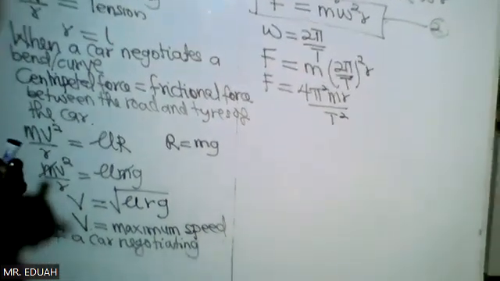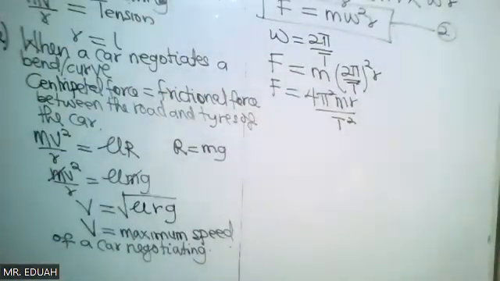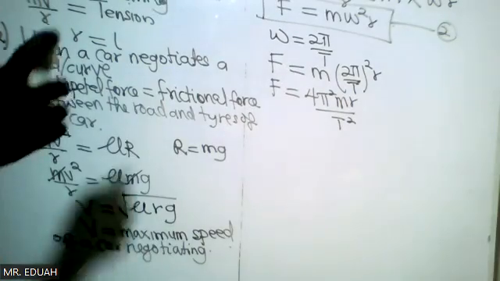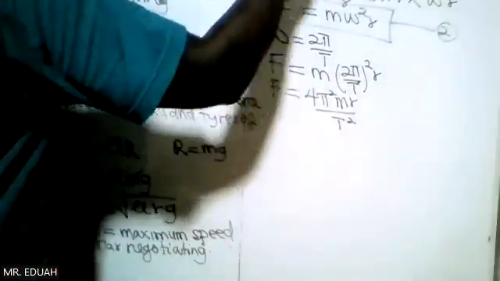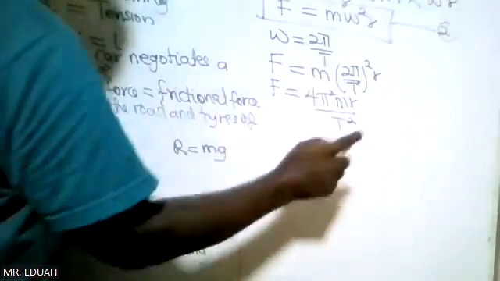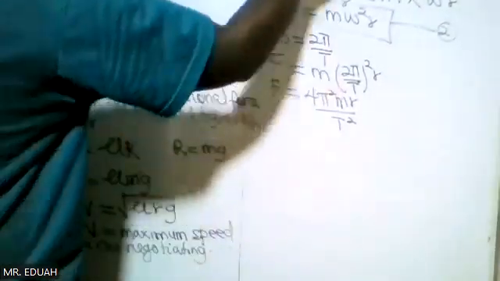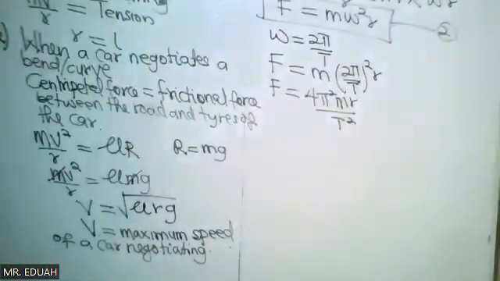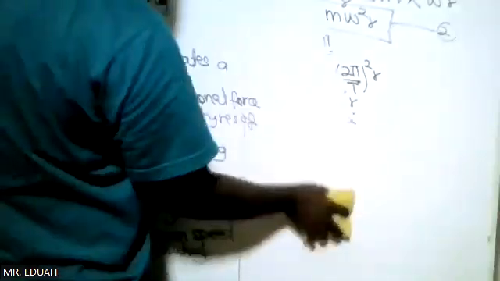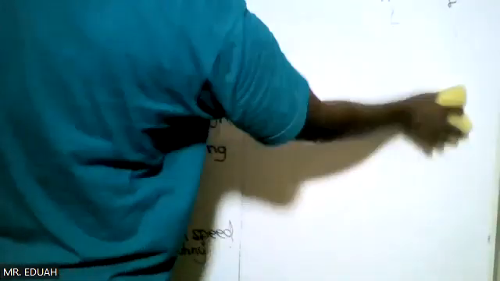Okay, so the expression for maximum speed of a car negotiating a bend. What does this mean? It means that when a car is moving within a roundabout or a bend, the maximum possible speed the driver can move at depends on two factors.